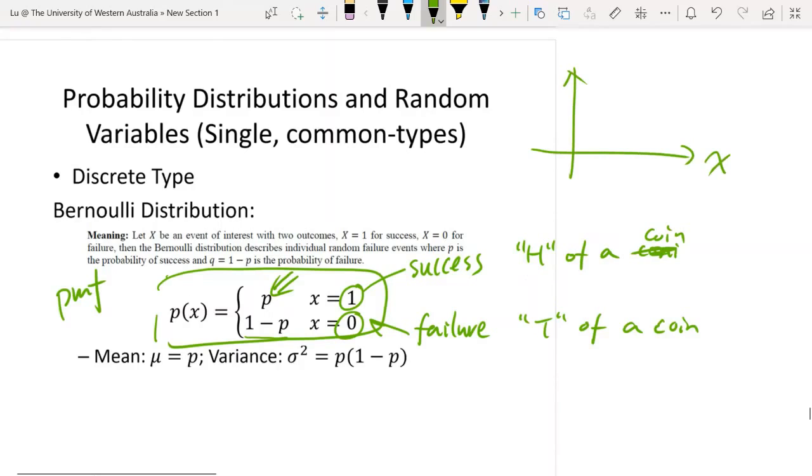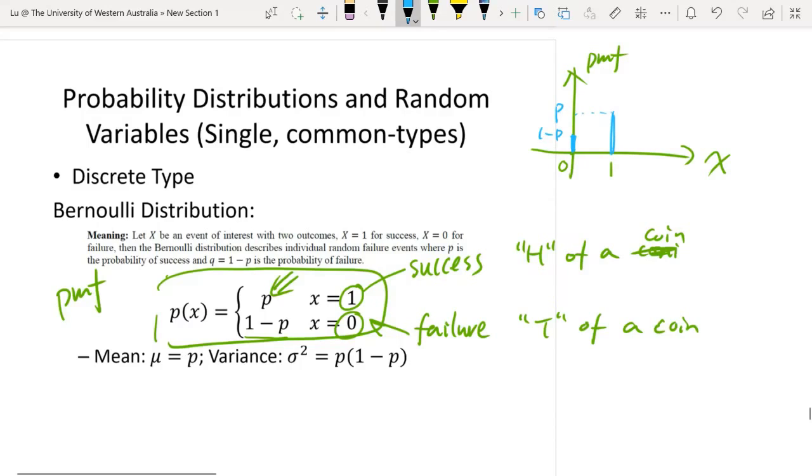This is the x value, and this is the PMF of the random variable X. It has only two values, 0 and 1. The probability for 1, this height, is P, and the probability for X equal to 0 is 1 minus P. Just two impulses, nothing else. Pretty simple.